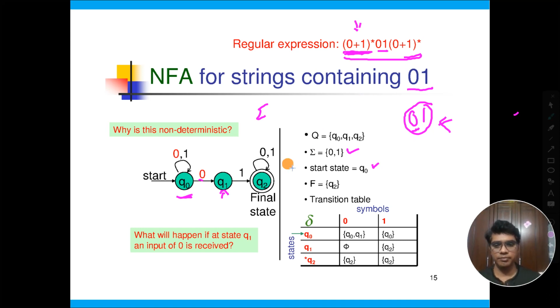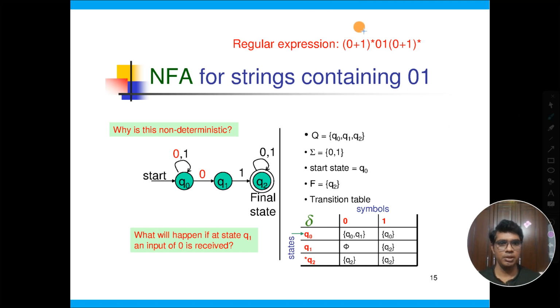So Q2 is for this substring. If it reads this 0, it moves from Q0 to Q1. If it reads this 1, then it moves from Q1 to Q2.